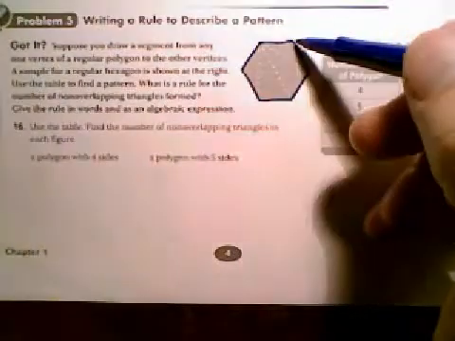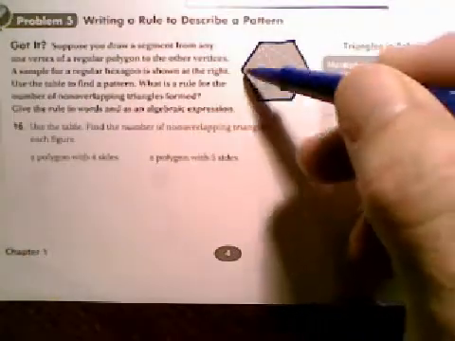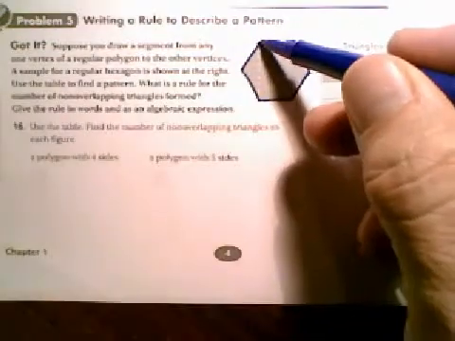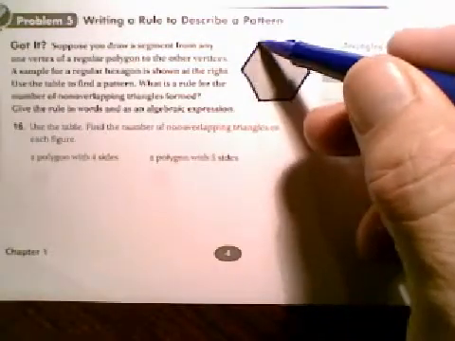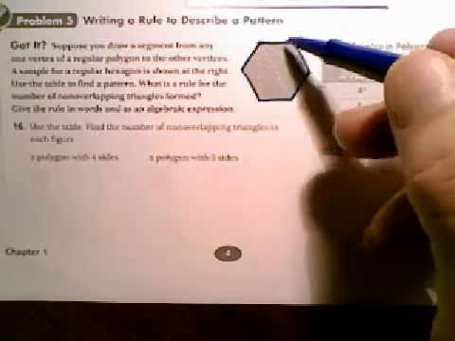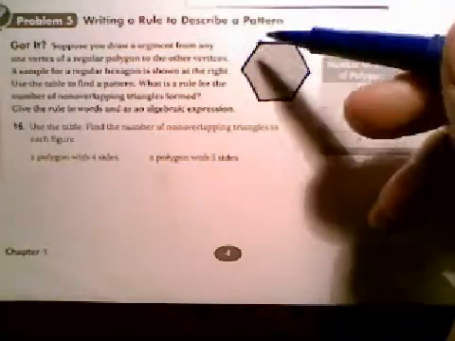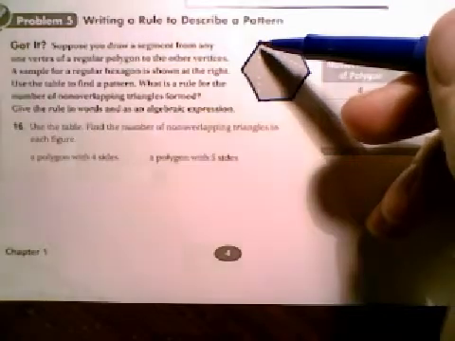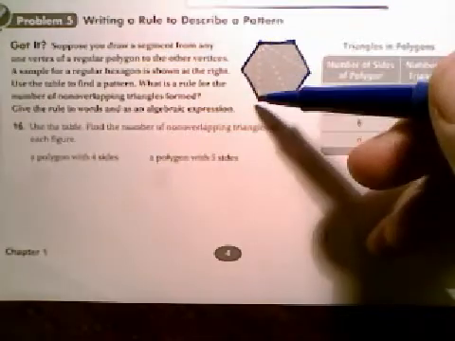The corners where two sides meet are called vertices, and one of those corners is called a vertex. So from any one vertex, you can draw a segment to another vertex.